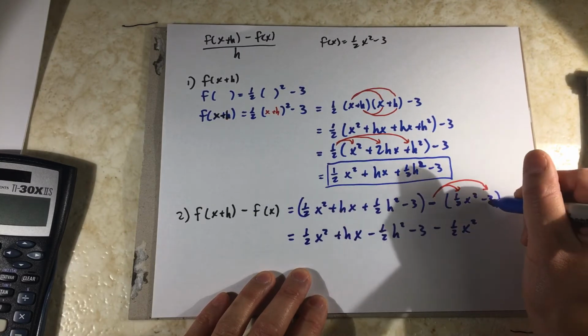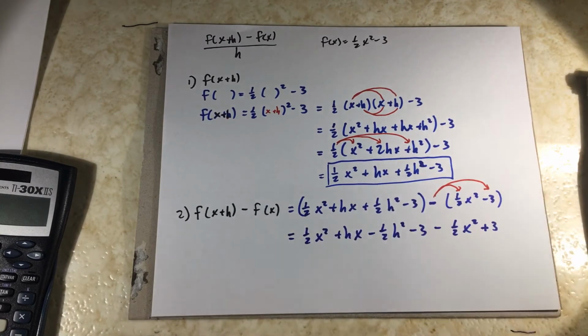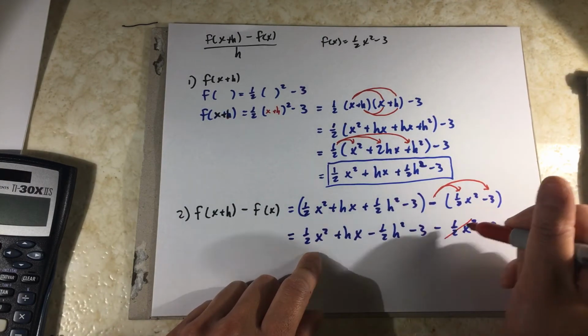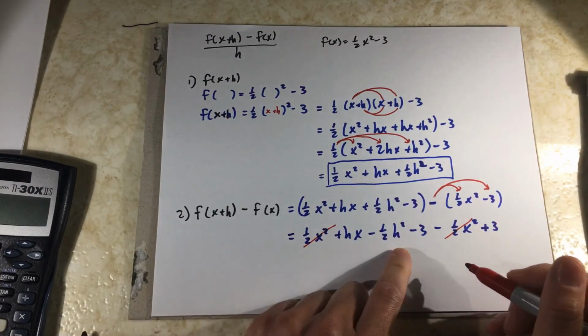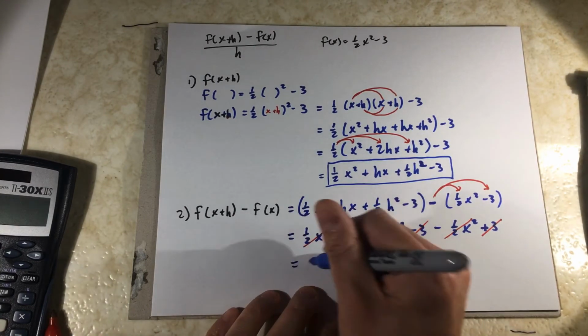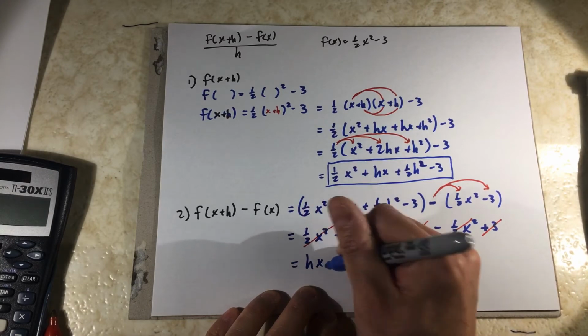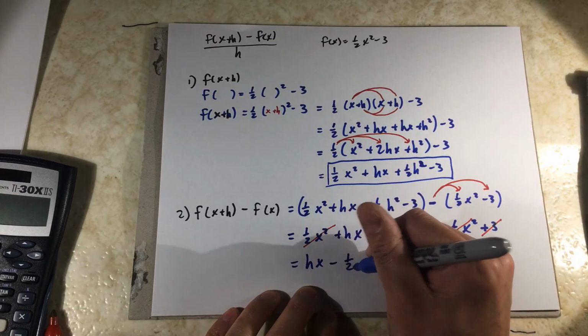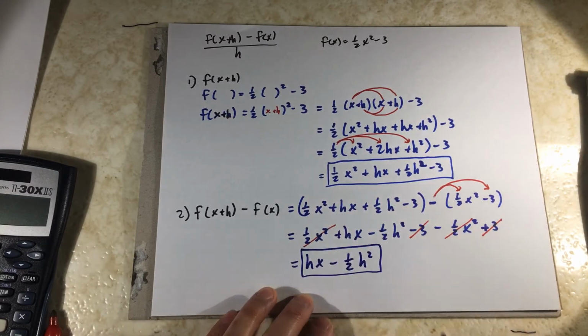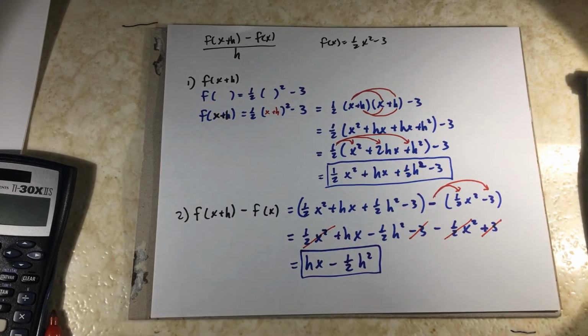And then minus a negative 3 becomes plus 3. What you can see here is we get cancellation. Half x squared cancels with negative half x squared, and then negative 3 cancels out with positive 3. And we end up with hx plus 1/2 h squared. All right, so that would be our numerator.